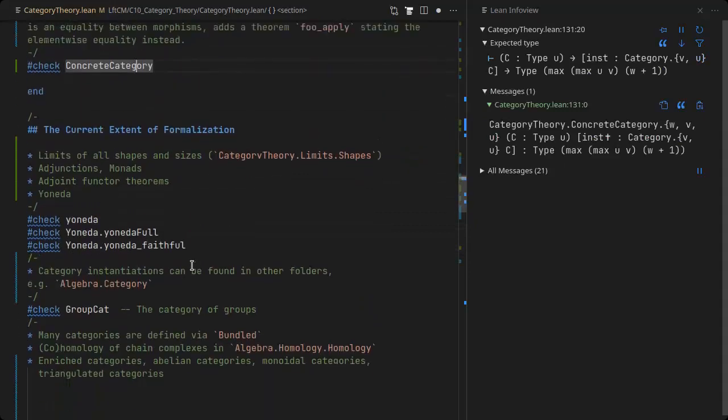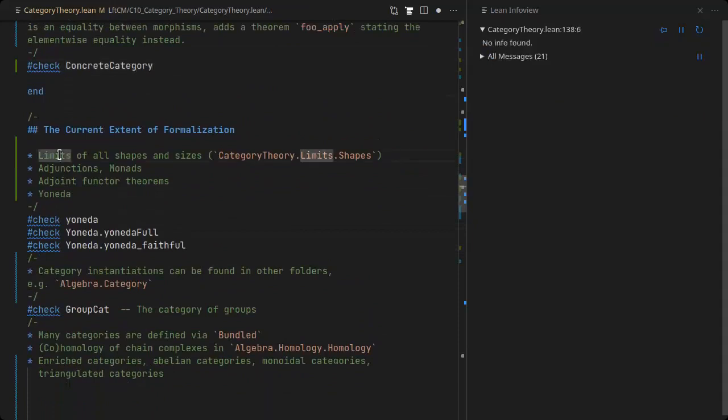I'm not taking a tour through all of the source files because they look pretty frightening. So just a list of the stuff that we already have. There's limits of all sorts of shapes and sizes, and they're all in CategoryTheory.Limits.Shapes. So that's the folder they're in. We have adjunctions, we have monads, we have adjoint functor theorems.